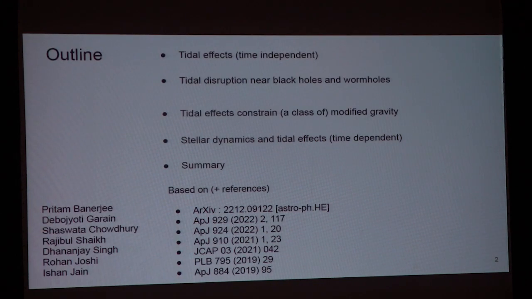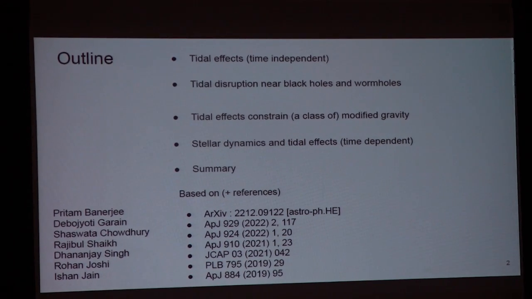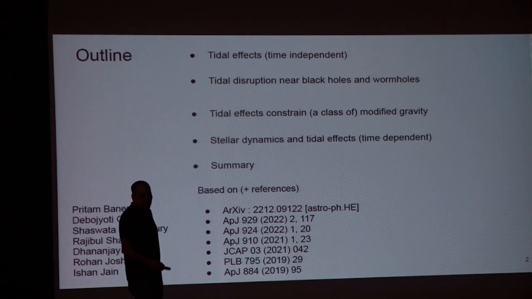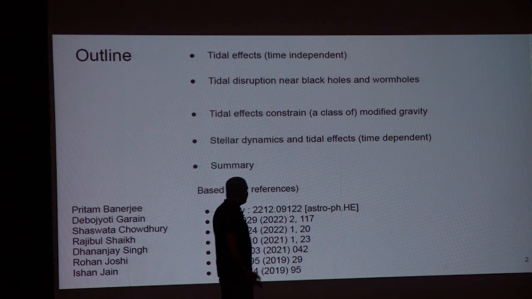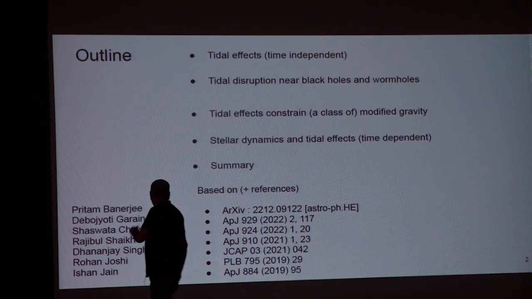So the outline of the talk is the following. First I will talk about tidal effects. I have said time independent; these are really not time independent, but the point is that we will ignore any small dependence on time.